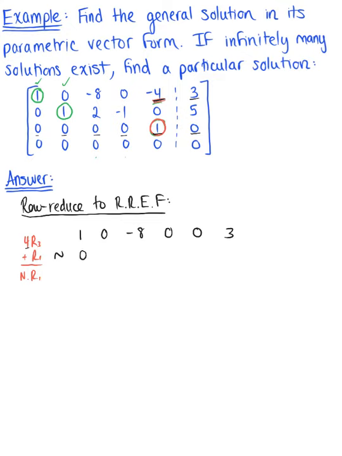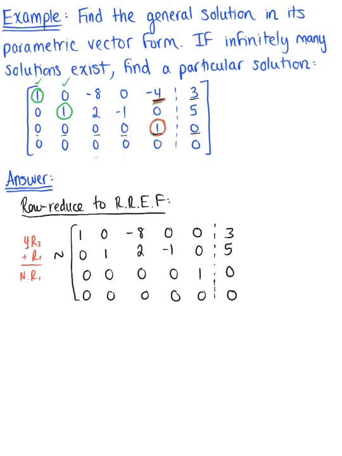And the remaining rows remain as they are: 0, 1, 2, -1, 0, 5, and 0, 0, 0, 0, 1, 0. And then we have a row of zeros: 0, 0, 0, 0, 0, 0. And we incorporate our dotted line to indicate this is an augmented matrix. And now we're really excited because we realize, hey, this is row reduced echelon form.